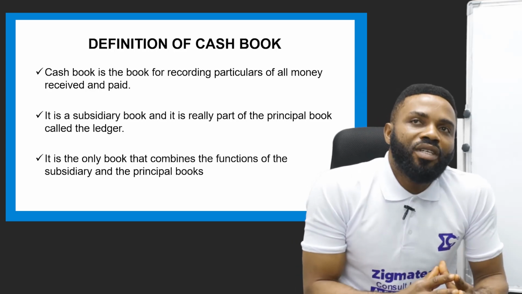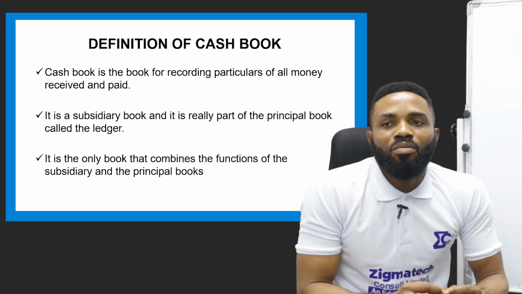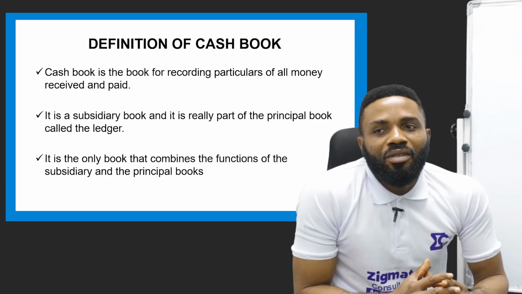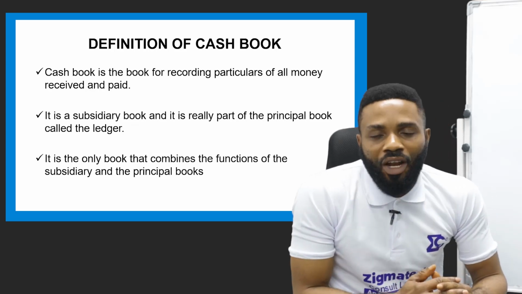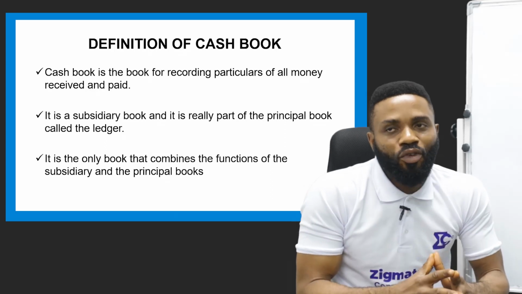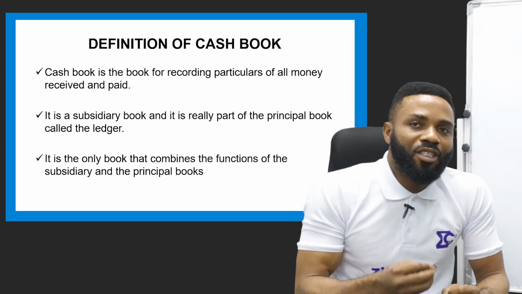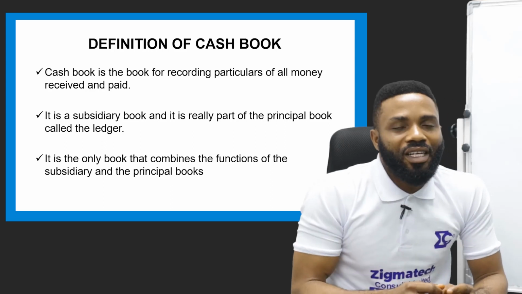Every business that is doing well must have some cash, some money with the company, probably in the purse of the company. What I mean by purse of the company is that they must have some cash with them, what we call raw cash.